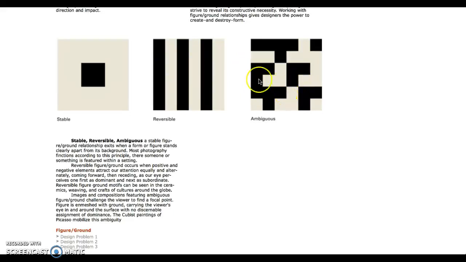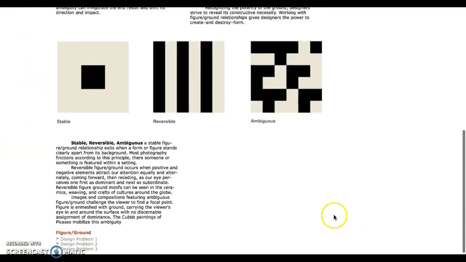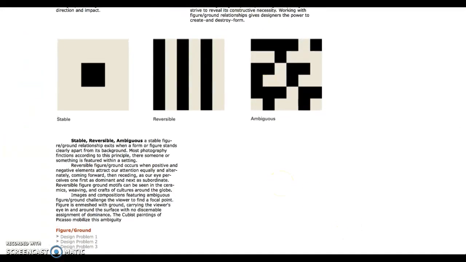So it also allows your eyes to move about the page. These are very abstract concepts, but they also reflect well in the project that I'm about to assign. So we've got stable, reversible, and ambiguous figure ground. You will be quizzed on that in later units, so be sure to review some of these things online and in your textbook, and that should help.